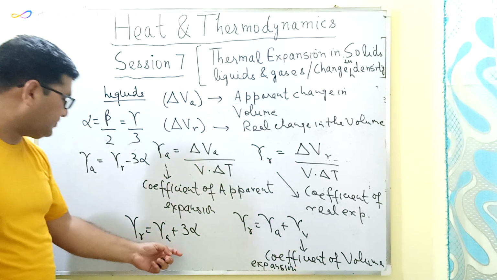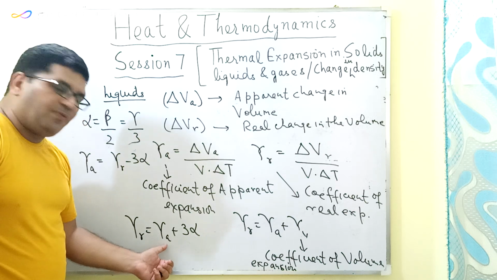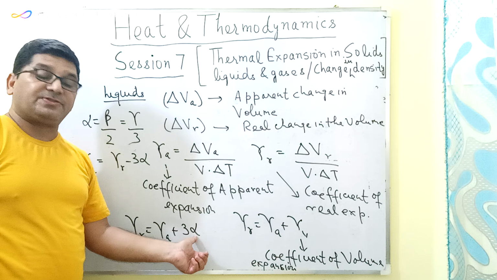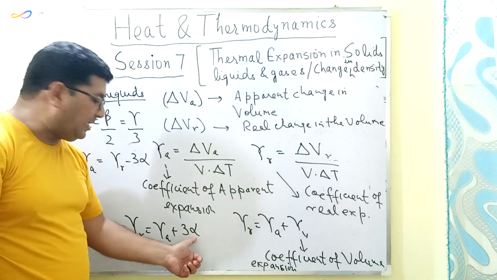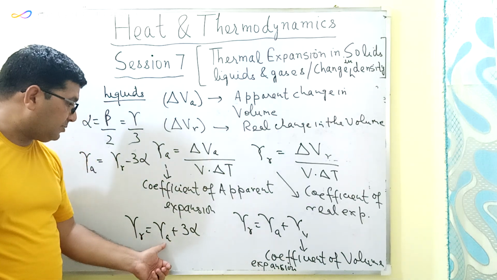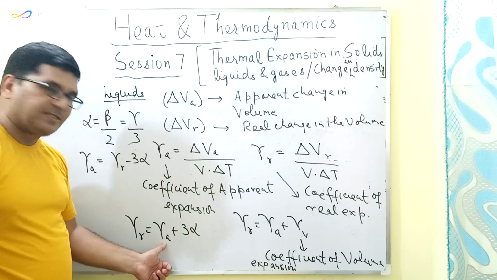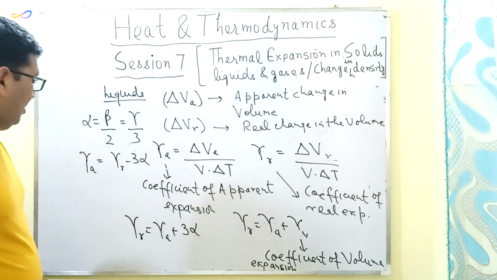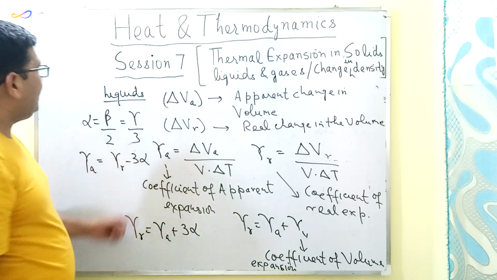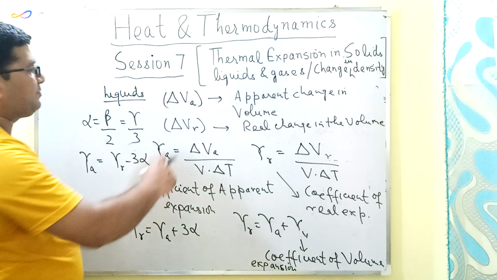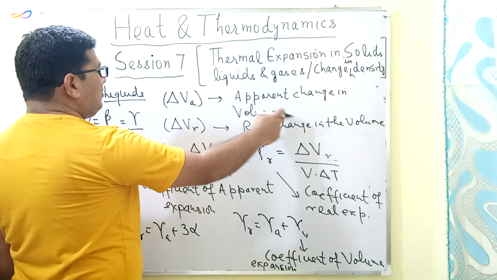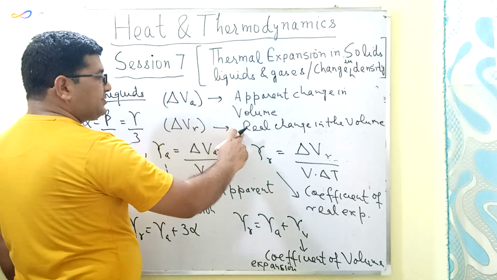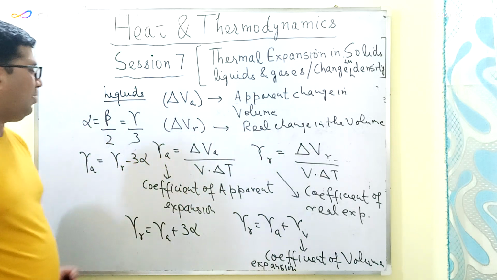From this relation, we can see that the coefficient of apparent expansion is dependent on the coefficient of linear expansion of the vessel in which the liquid is kept. If this value is more, then the value of gamma A will be less. So in the case of liquid, there are two types of expansion: the apparent change in the volume, and second, the real change in the volume.